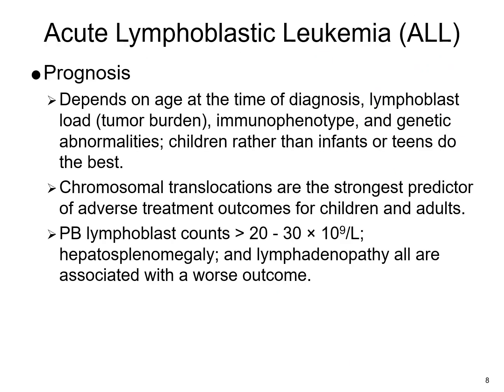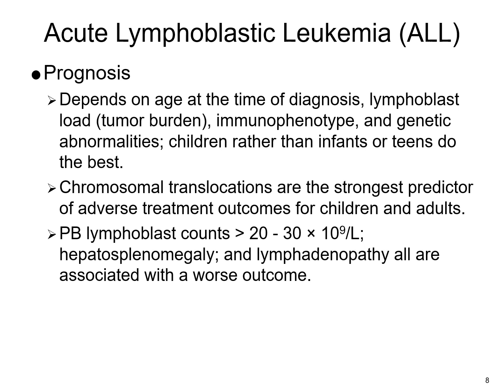Now the prognosis in ALL has improved a lot over the past several years as a result of improvements in the various treatment methods. However, prognosis can depend on the age at the time of diagnosis, the lymphoblast load or tumor burden, the specific immunophenotype, and the genetic abnormality. Children, rather than infants and teens, usually do best.